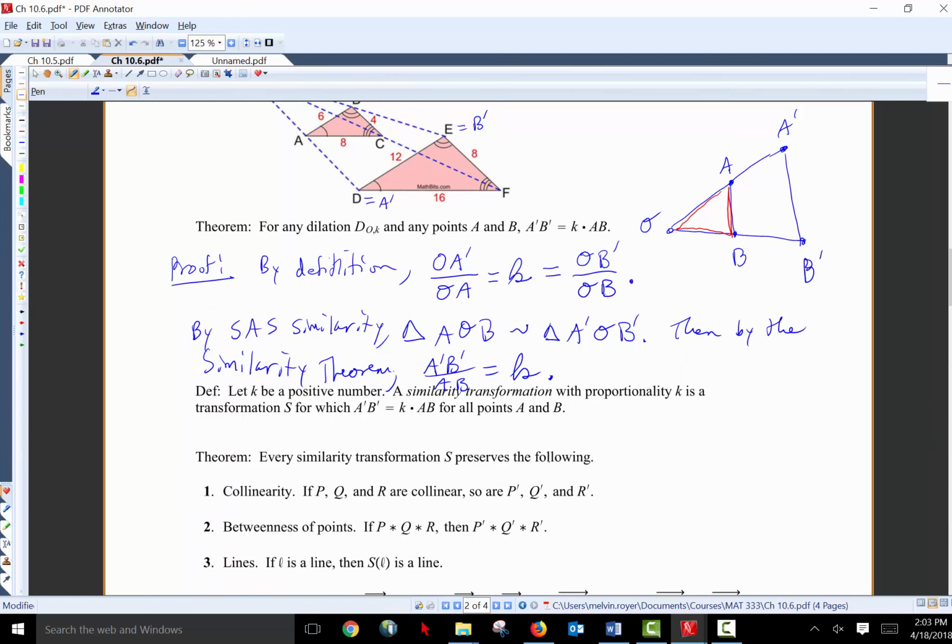I clear fractions in this last equality. A prime B prime turns out to be this fixed multiple. So what we've discovered is that a dilation, in fact, changes the distance between any pair of points by exactly this factor K. Not just point to origin, but point to point, everywhere in the plane.